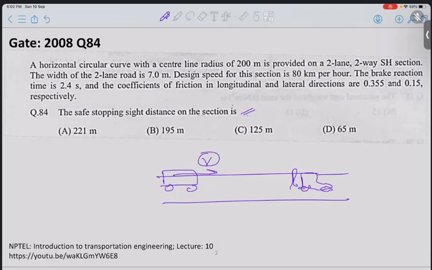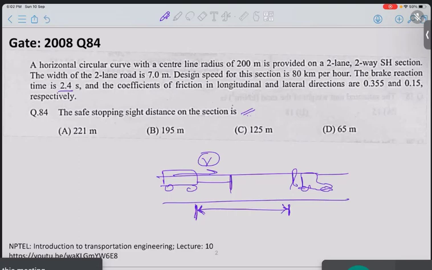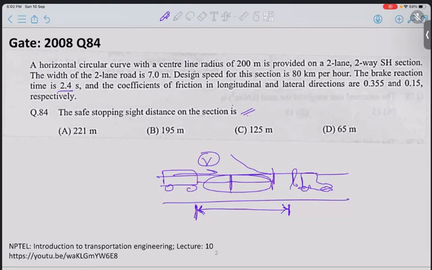So the safe distance at which we should see this person is the distance covered during the reaction time before we apply the brake, plus the distance the vehicle covers after we apply the brake while slowing down to zero. The sum of these two distances is the stopping sight distance.